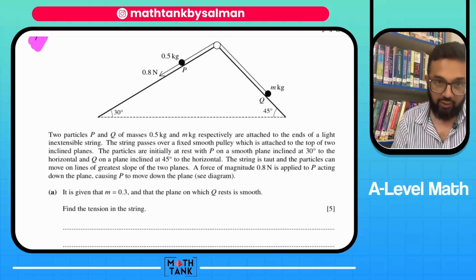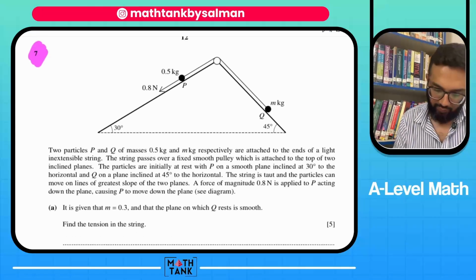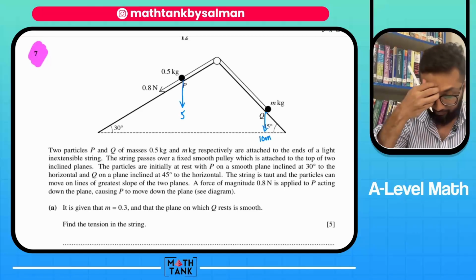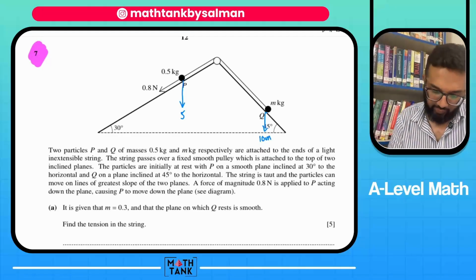Okay, two particles A and B of masses 5 and m. तो मैं इसको रिजॉल्व कर लेता हूँ. ये 5 है, ये 10m है. The string passes over a smooth fixed pulley which is attached to the top of two inclined planes. The particles are initially at rest with P on the plane 30 degrees to the horizontal and Q on a plane at 45 degrees.